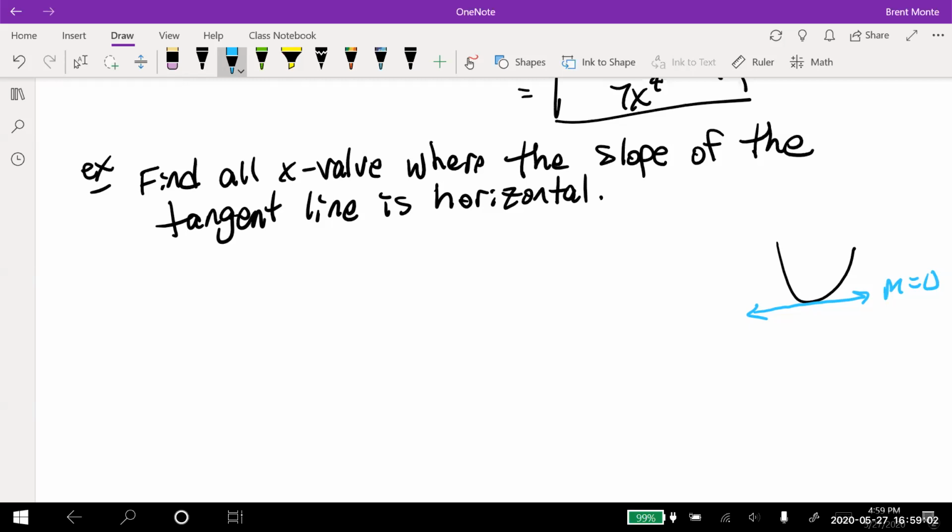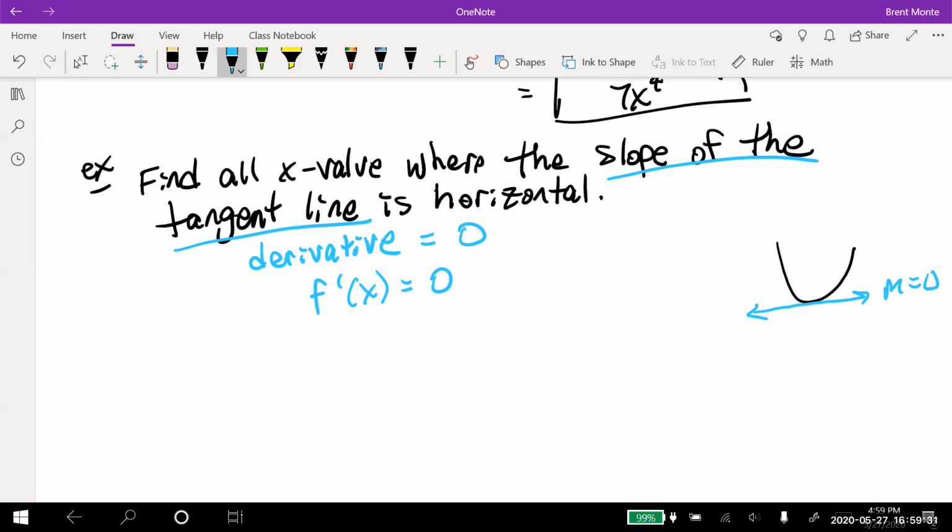Well, remember the slope of the tangent line is the derivative. So when they say slope of the tangent line, that's just the derivative. Well, if the slope of the tangent line is horizontal, that means it's equal to 0. That means the derivative is equal to 0. So what we're going to do is find f prime, set it equal to 0, and solve it.